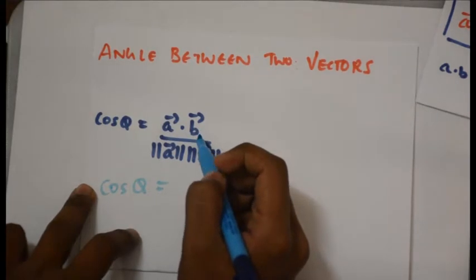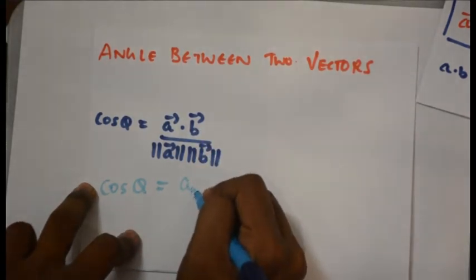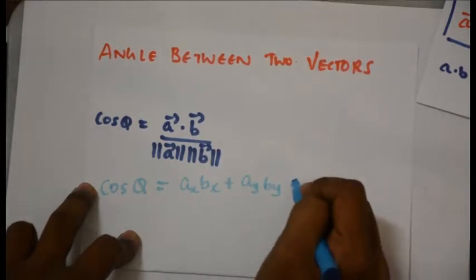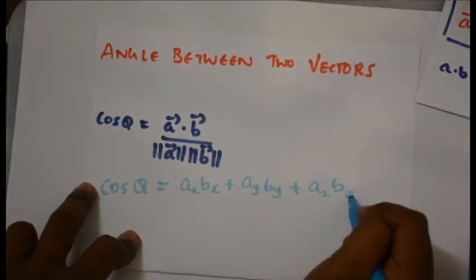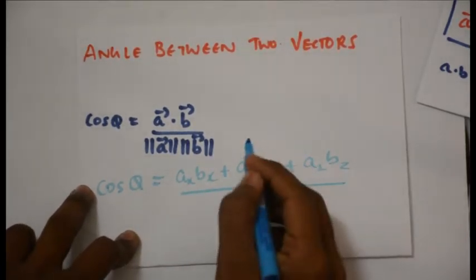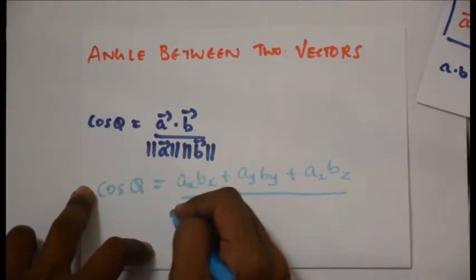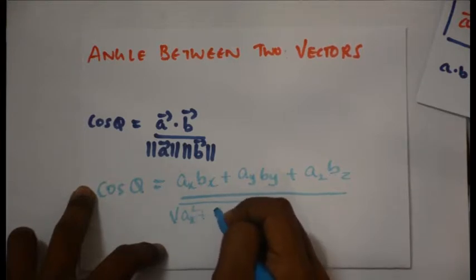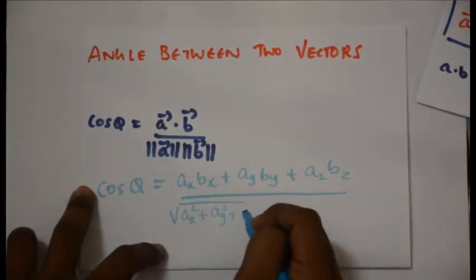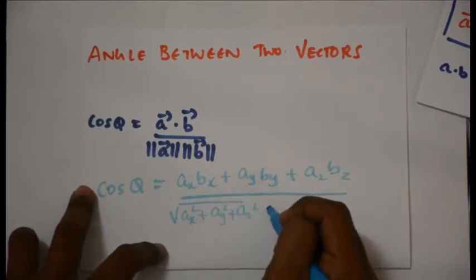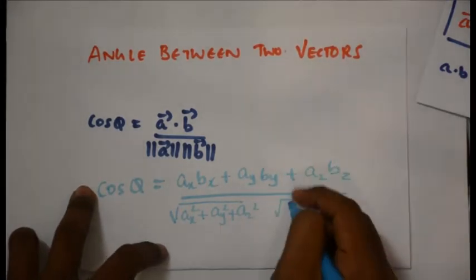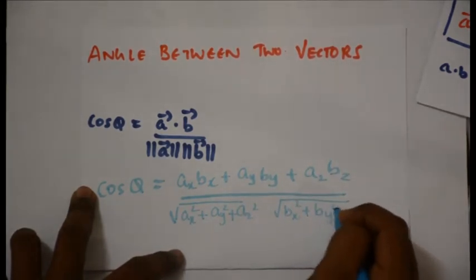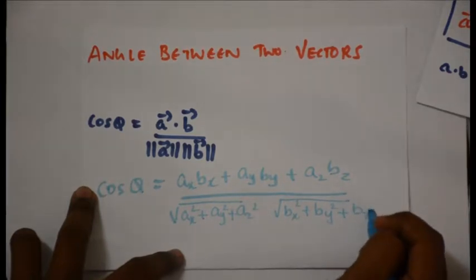Here a dot b is equal to ax bx plus ay by plus az bz, divided by the magnitude of vector a, which is the root of ax square plus ay square plus az square, times the magnitude of vector b, which is the root of bx square plus by square plus bz square.